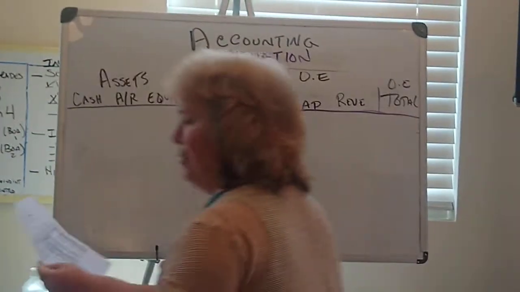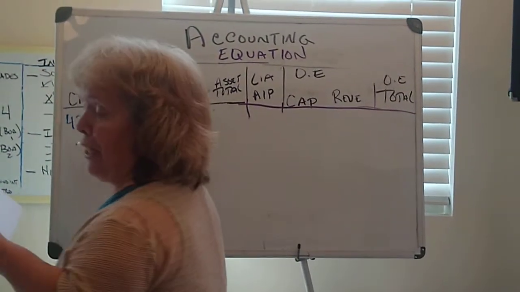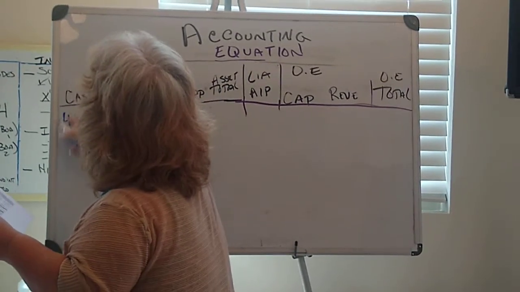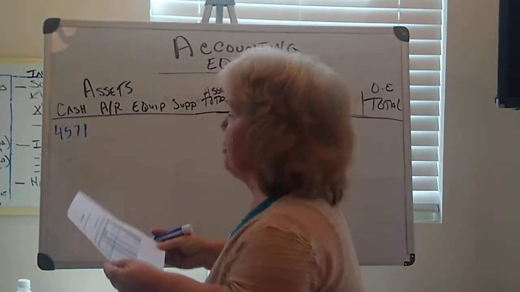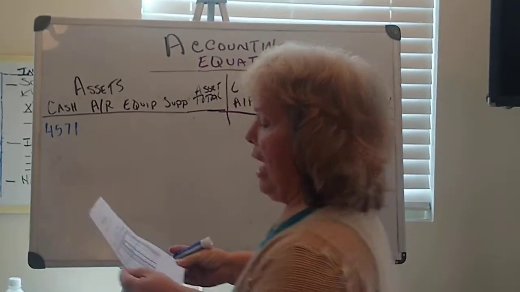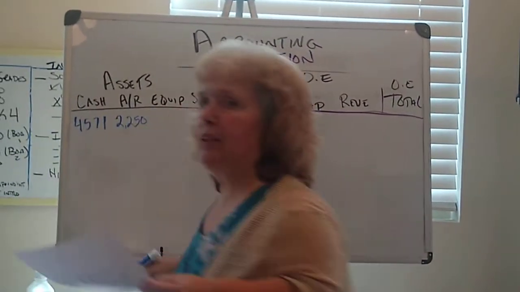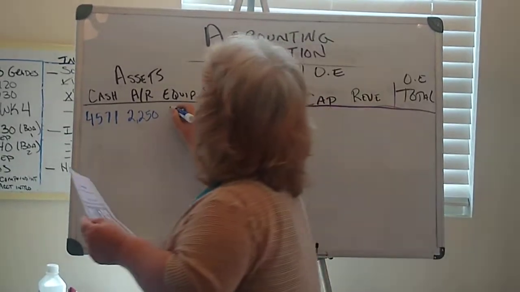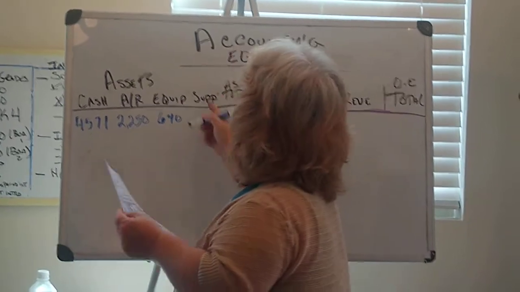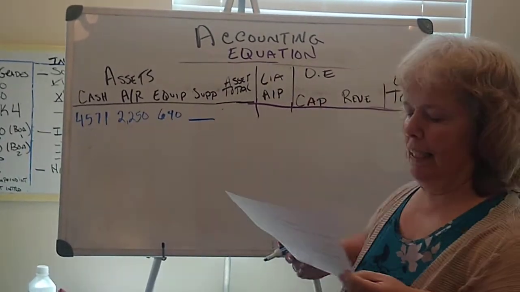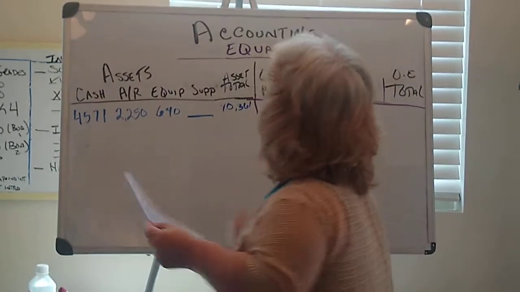All right, so cash. I'm doing line 3. We have 4,571 under cash. I have 2,250 under accounts receivable. 640 under equipment. And the missing information is supplies. But our total assets are going to be 10,361.